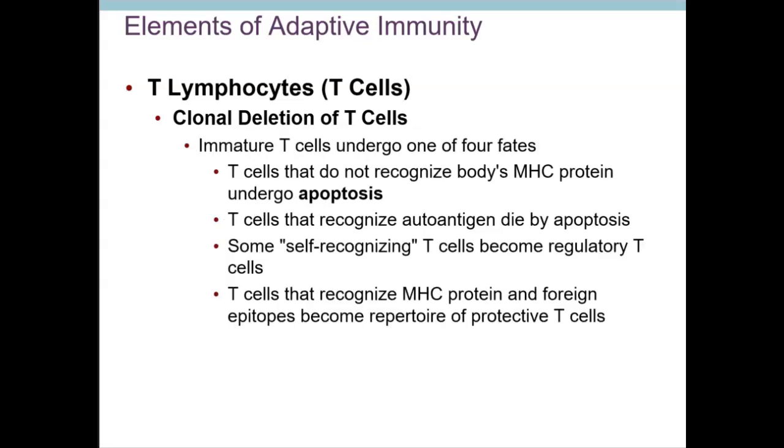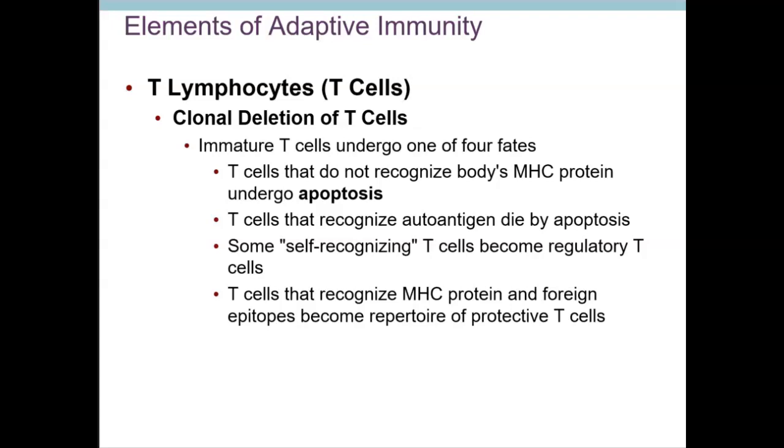So there are 4 possible fates for T cells. The cells that don't recognize the MHC protein are not going to be able to do their job anyway, so they go through apoptosis. They die. The T cells that recognize autoantigen, normal stuff, also die by apoptosis. Most of the self-recognizing T cells die, but some of those become regulatory T cells.